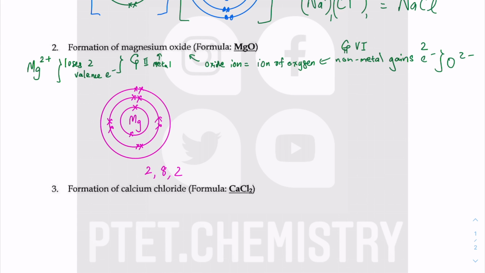Now, I lose 2 valence electrons. I lost these 2 electrons in the third and the valence shell, so I'm going to remove that. Now I have a fully filled outer shell, and don't forget that it's no longer an atom because you lost 2 valence electrons. Now you form a positively charged ion called cation. This is a Mg2+ cation.